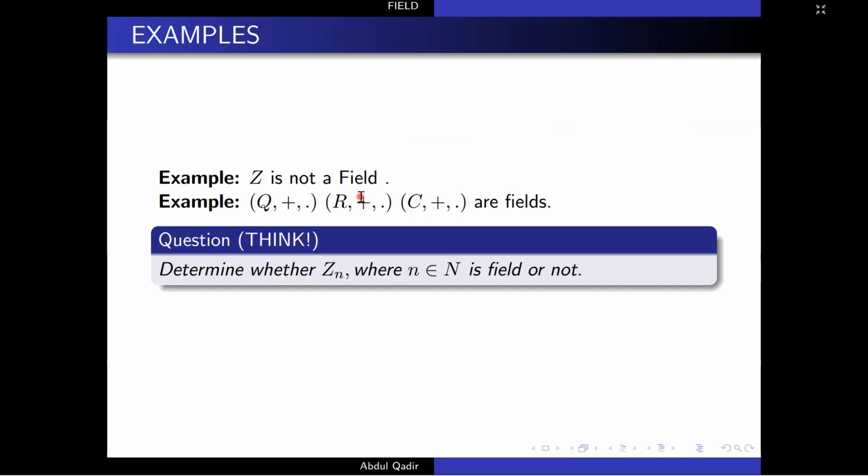So if we check the above axioms on the set of integers, we can see that Z is closed under addition, associative law holds with respect to addition, and also multiplication, closed under addition and multiplication. Number third one is commutative law also holds with respect to addition as well as with respect to multiplication. Number four, additive identity and multiplicative identity belong to Z.